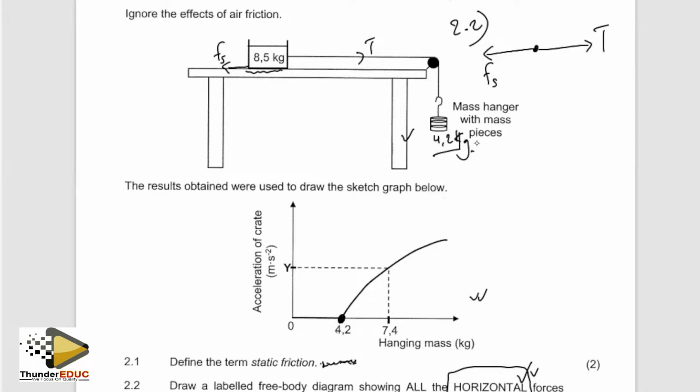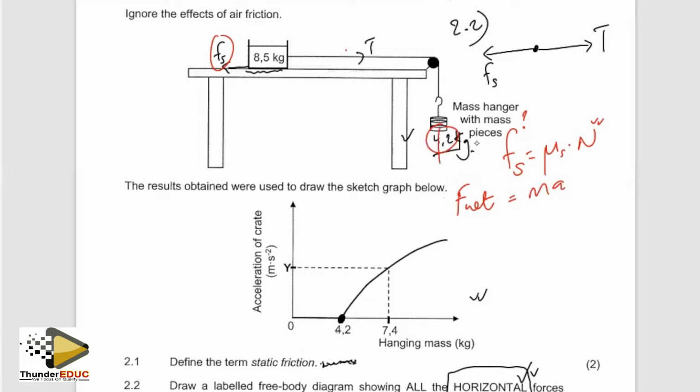Okay. So what I'll do, I know that my Fs is going to be the μs multiplied by the normal reaction. But I don't know the Fs. I can get the normal force. So for us to get the Fs, we can say that F net is equal to MA.